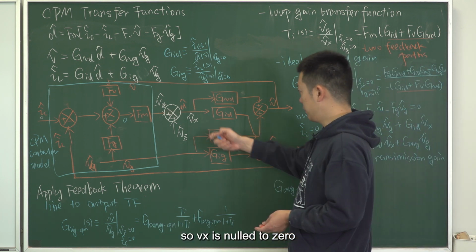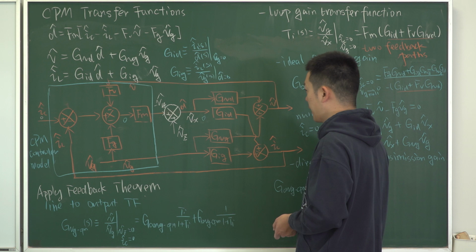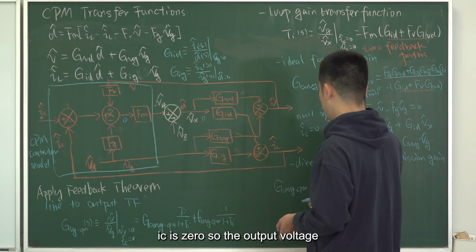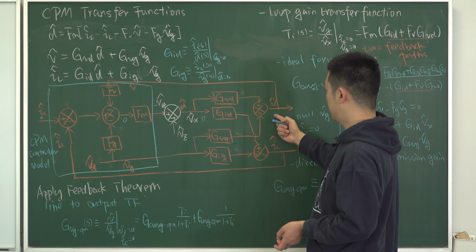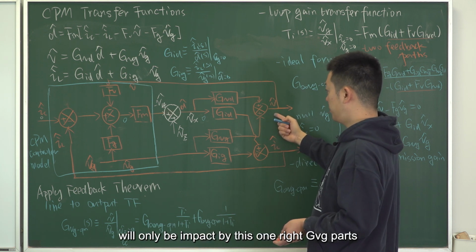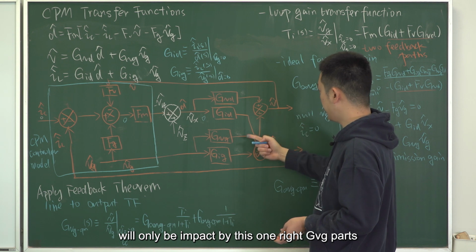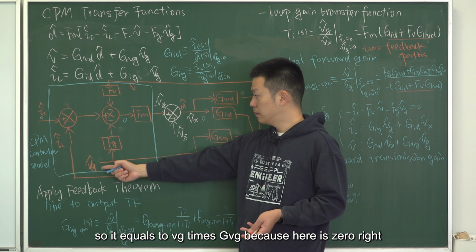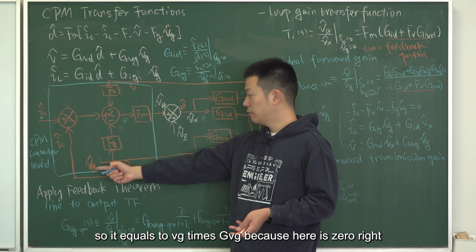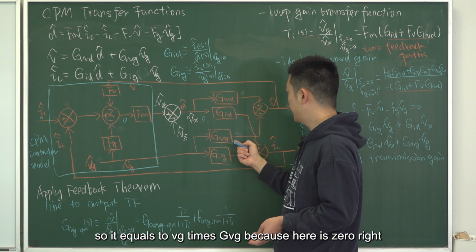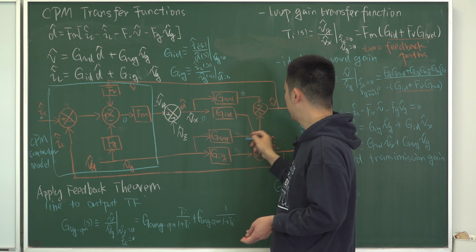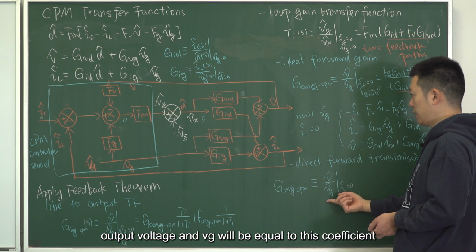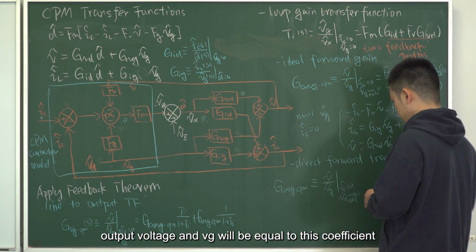So Vx is now 0, and IC is 0. So the output voltage will only be impacted by the GVG part. So it equals Vg times GVG, because the other part is 0. So the ratio between output voltage and Vg will be equal to this coefficient.